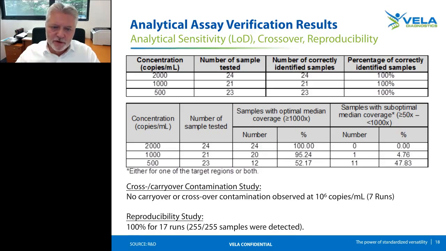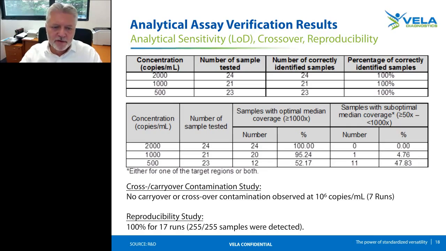So what's shown here is data on the determination of the analytical sensitivity limit of detection, and as you can see in the upper part of the table, when you look at 2,000 and 1,000 copies per milliliter, we have 100% detection in these experiments. Even if you go down to 500, you still have a 100% detection rate.